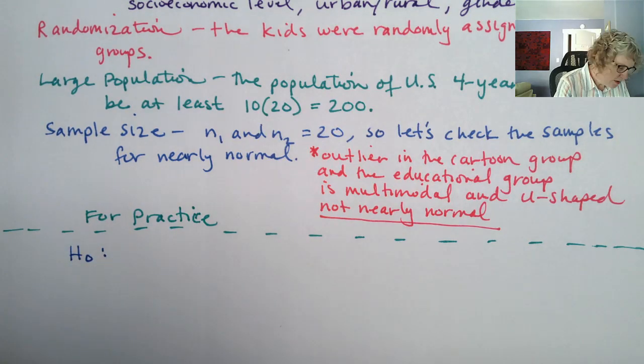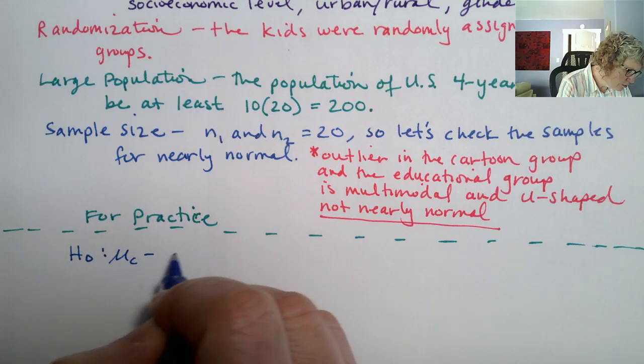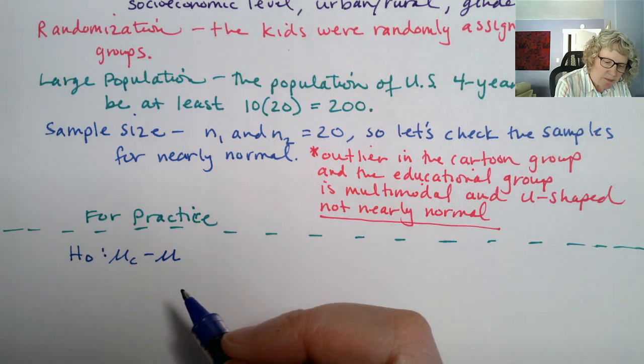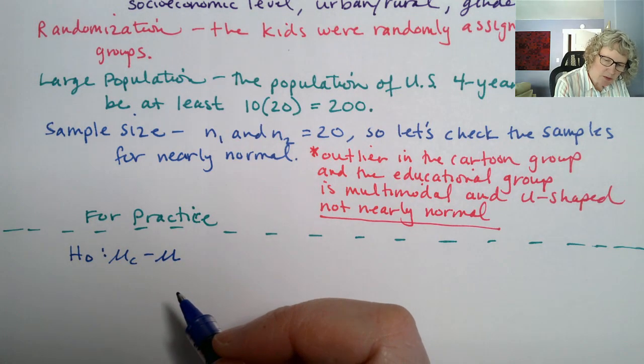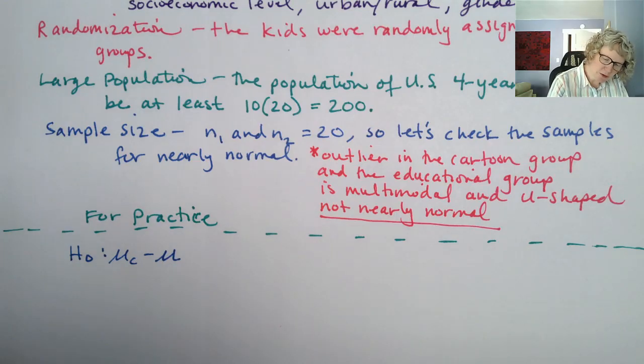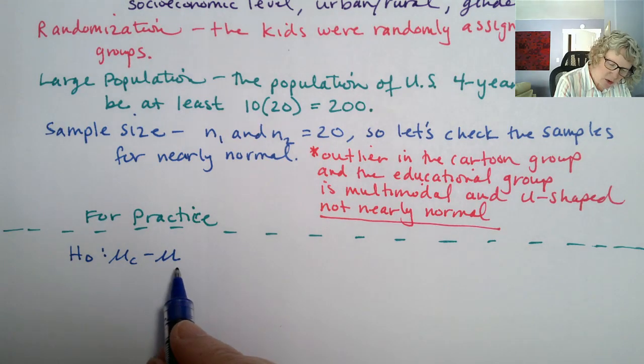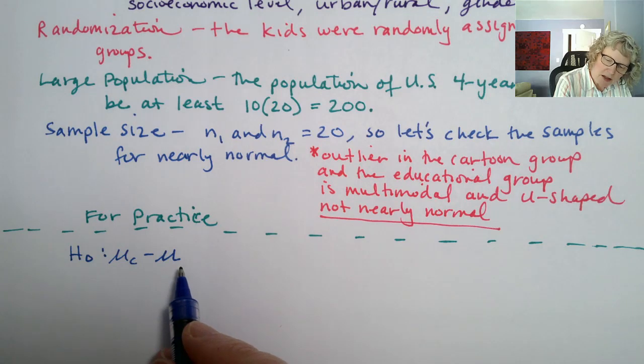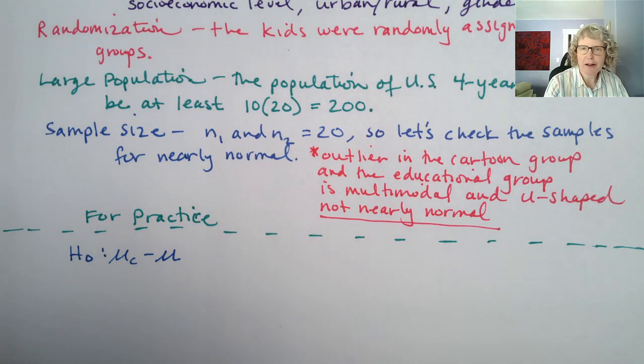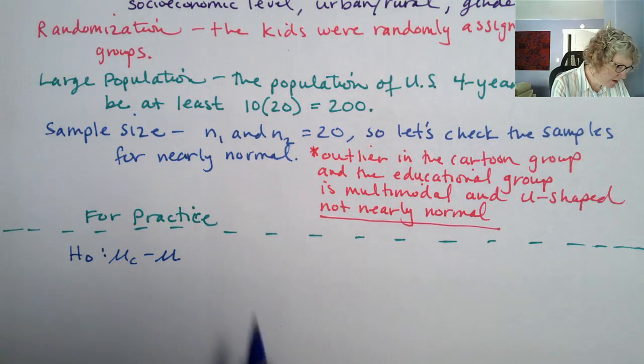Our null was mu sub cartoon group. Sometimes I switch the order just to show you what happens. I'm going to keep the order. And also, it's good to practice confidence interval interpretations with negatives, so that'll allow us to do that.